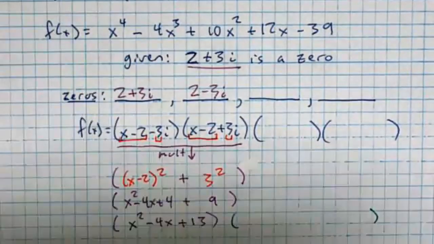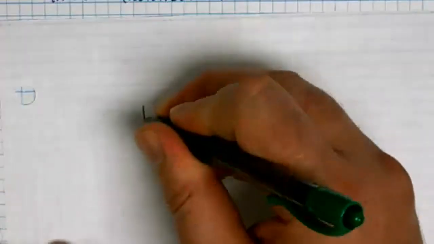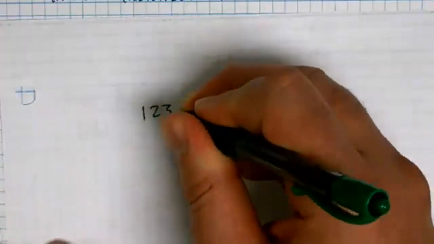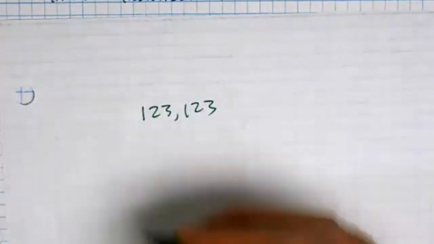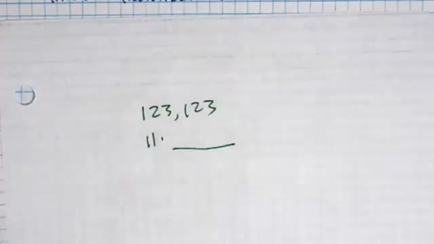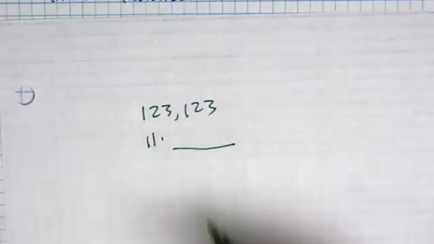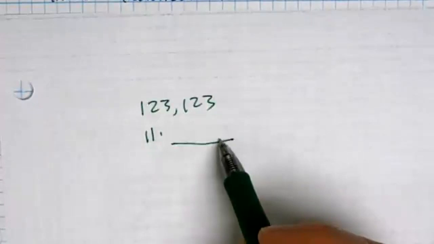Numerically, if I told you that the number 123,123 was divisible by 11, how would you figure out what that other number is? You go 123,123 divided by 11, and the other piece that you got would be this, by the way.